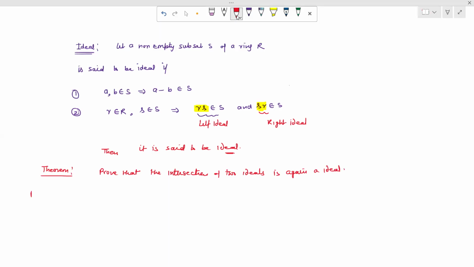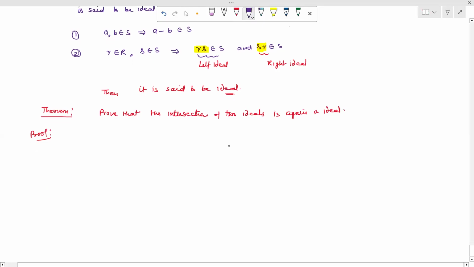So we shall prove this theorem by using the above definition. First we take two ideals. So let I1 and I2 be two ideals.